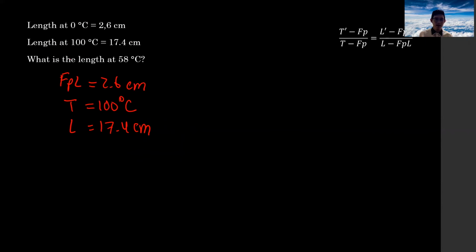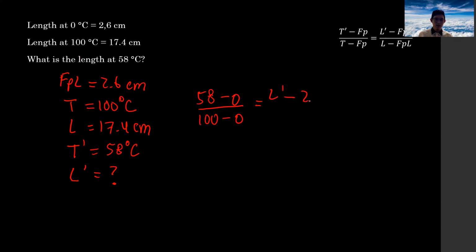So they ask, what is the length at the second temperature, which is 58 Celsius? So we can just input everything. T accent, 58 minus 0 per 100 minus 0 is equal to L accent minus 2.6 per 17.4 minus 2.6.